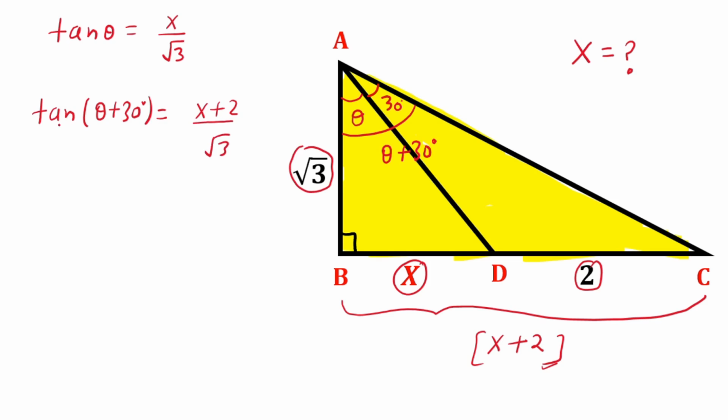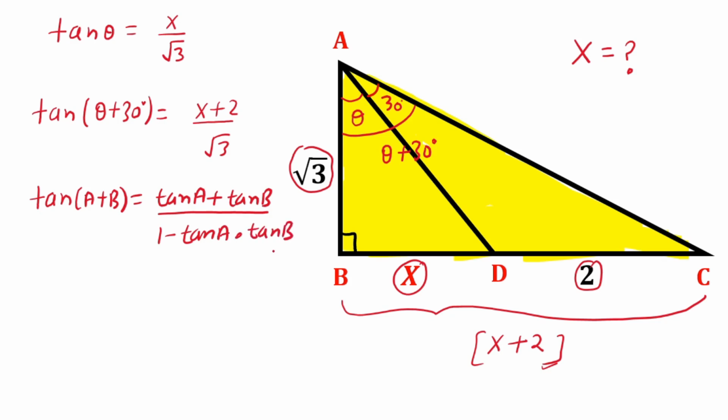On the left hand side we have tan of theta plus 30 degrees, and we know that tan of A plus B equals tan A plus tan B over 1 minus tan A times tan B. If we apply this rule here, A is replaced by theta and B is replaced by 30.